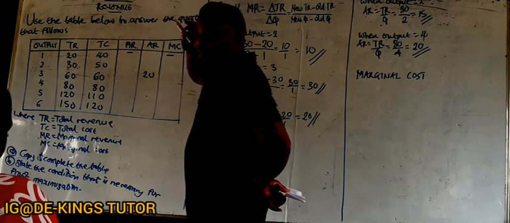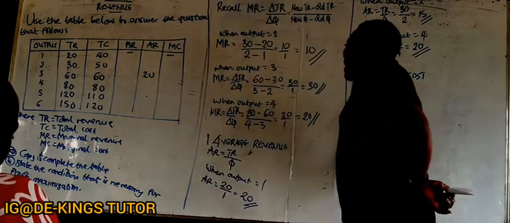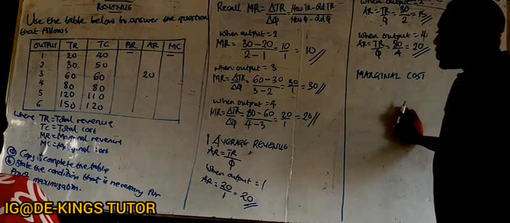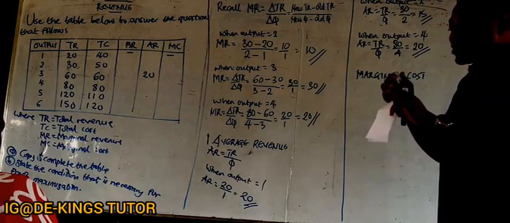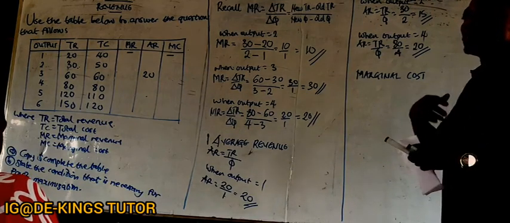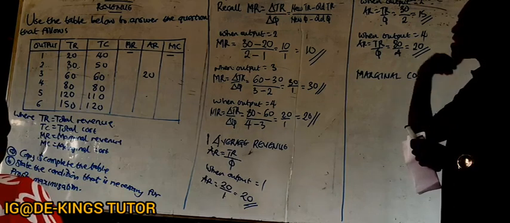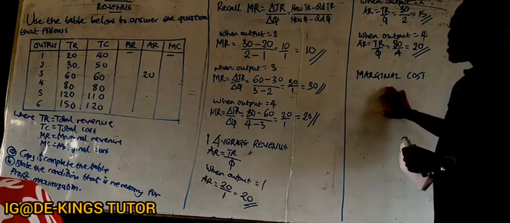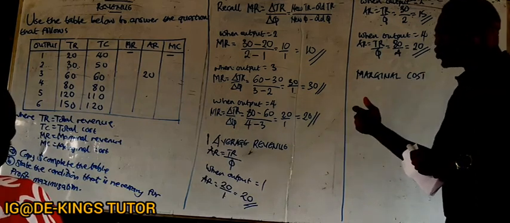Their formulas are related. If you know one, it is easier to get another. Marginal revenue has to do with revenue: the additional revenue you get from selling an extra unit of output. Marginal cost is the additional cost incurred.